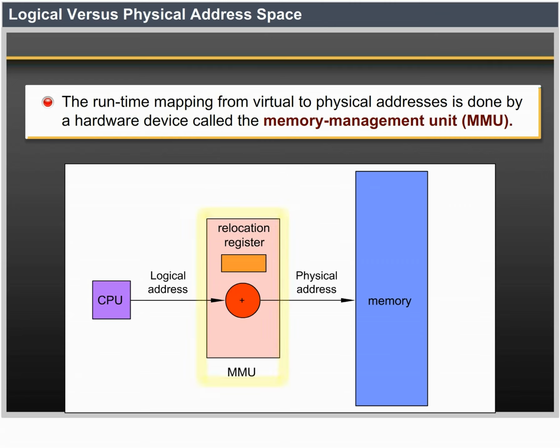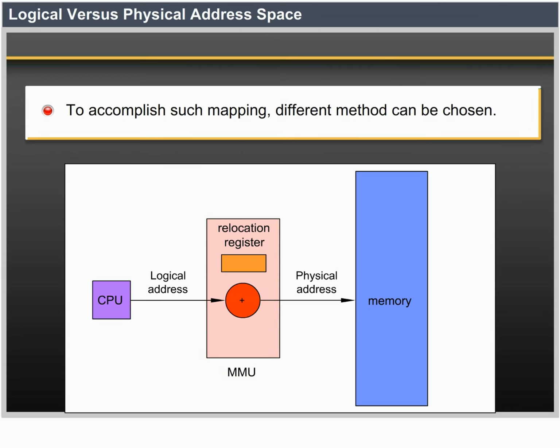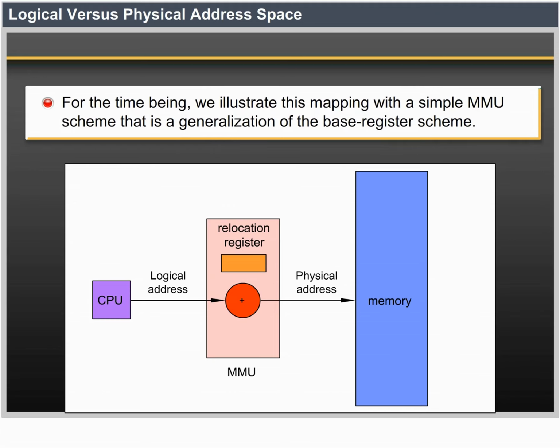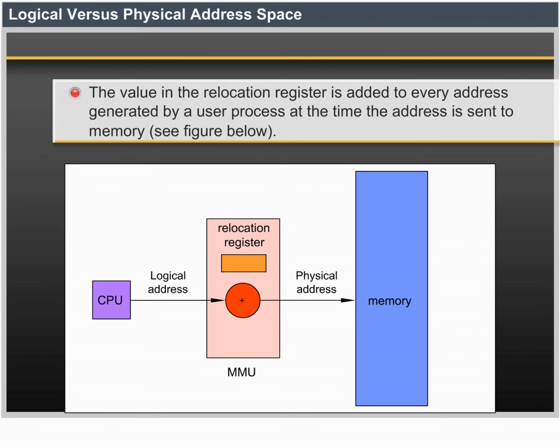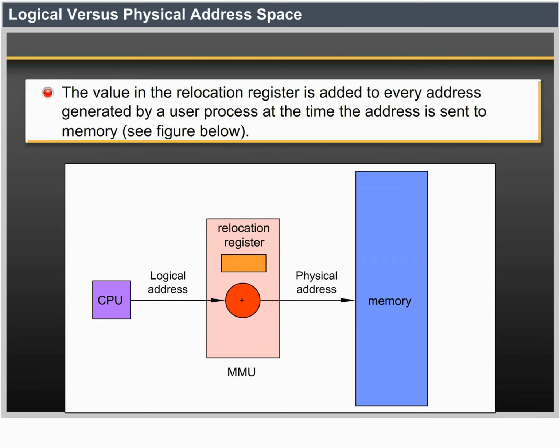For the time being, we illustrate this mapping with a simple MMU scheme that is a generalization of the base register scheme. The base register is now called a relocation register. The value in the relocation register is added to every address generated by a user process at the time the address is sent to the memory. See figure below.